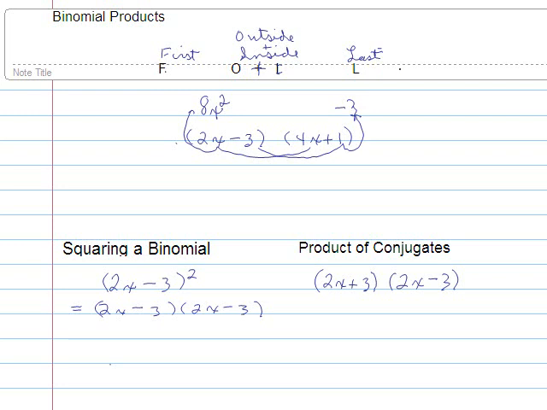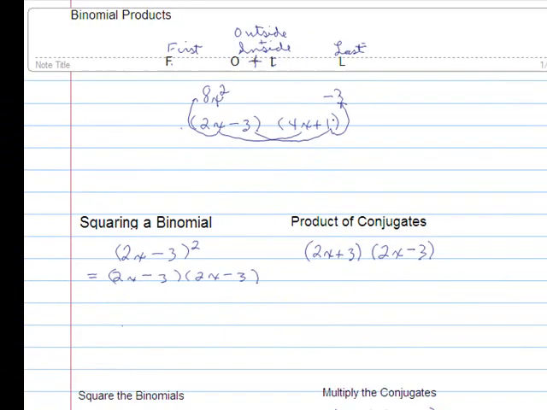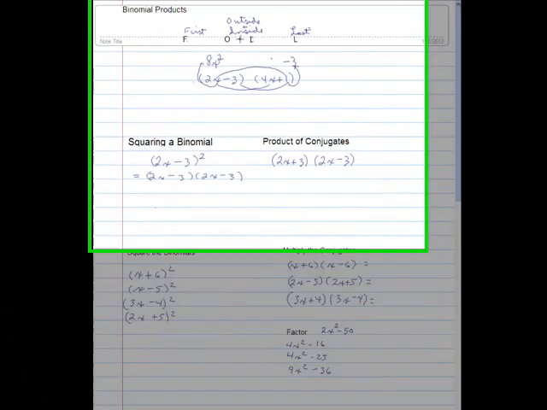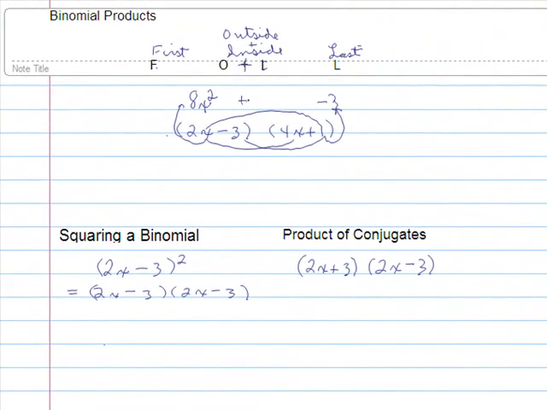Now you need the all-important middle term, and that comes from the O plus I, outside plus inside. Now what does that mean? Well, I've got four terms lined up here, and the two outside terms are 2x and positive 1, and the two inside terms are negative 3 and 4x. So what I mean by outside plus inside is multiply the outside terms. 2x times 1 is 2x.